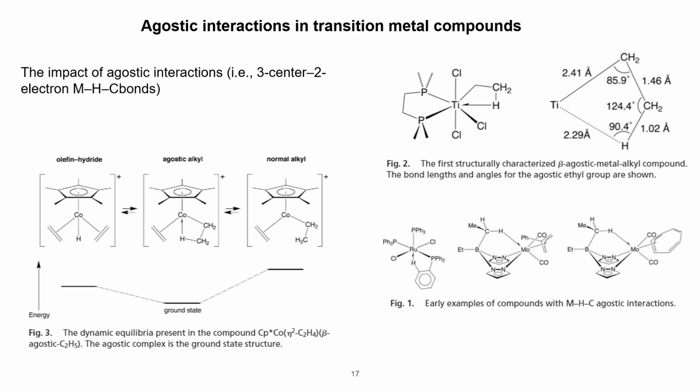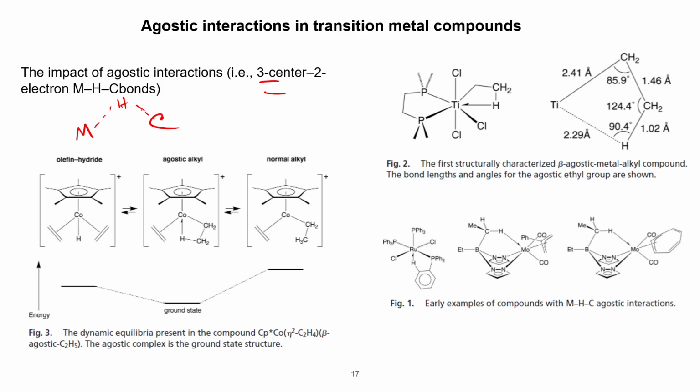So if we discuss a bit about this agostic effect, we have seen that it is actually a three center two electron bond because the three units that are involved over here are metal, hydrogen, which is connected to your carbon molecule.